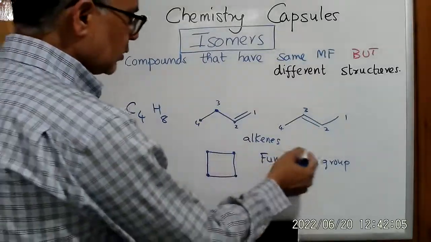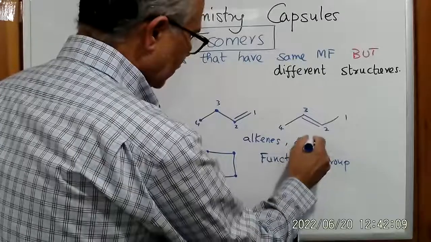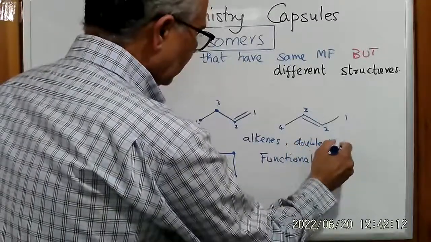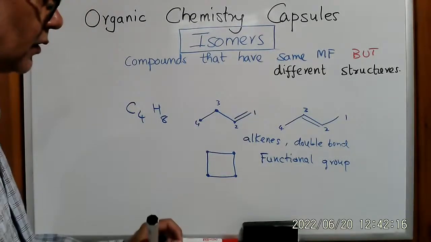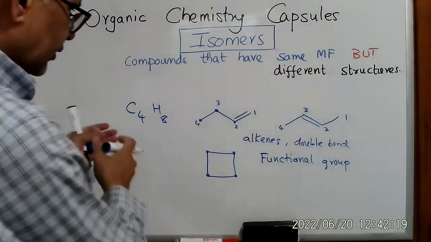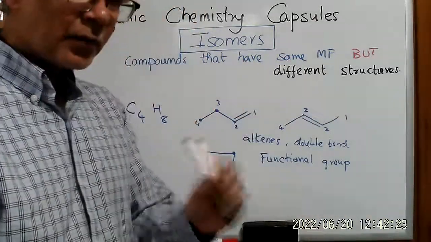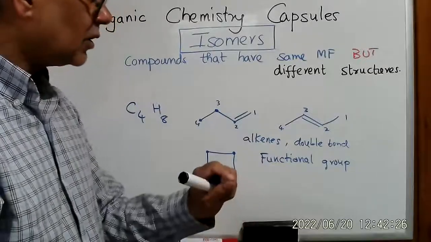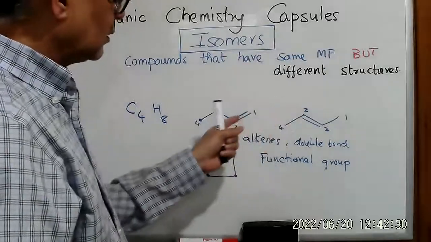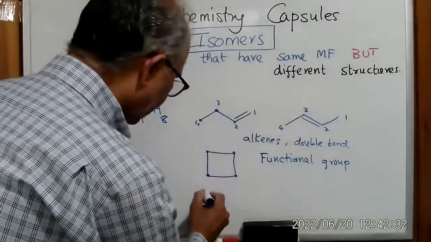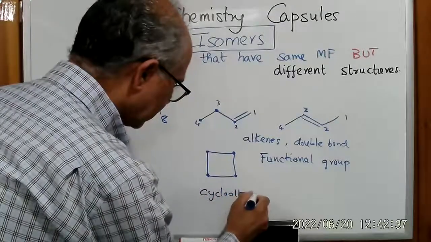The functional group in these 2 compounds is alkene because they have a double bond. So you are noticing something now. Of course constitutional isomers have different structures, but the important thing to note is that they are not limited to one functional group. You see alkenes there, and here you have a cycloalkane. It's a different functional group.